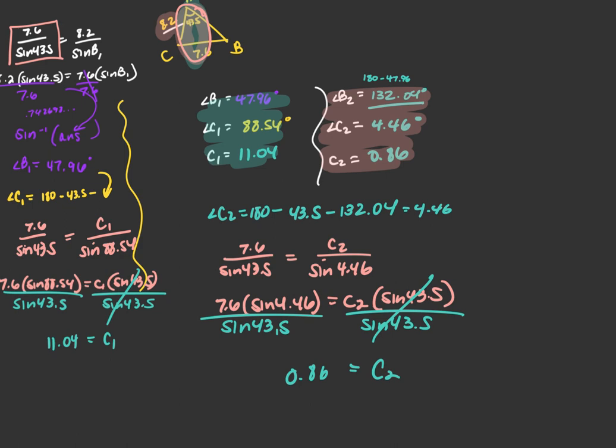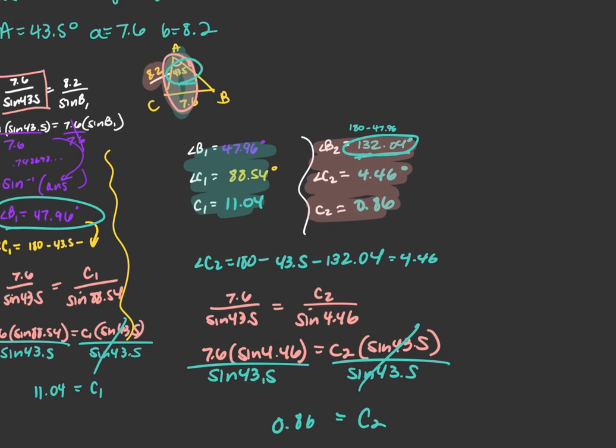You can only do it for the first one you find. B1 is the first one I found. If I found C1 first, then I would make C2 180 minus C1. So it's whatever the first one is you find. And for angle C2, where did you get 132.04? That's B2. I took away A, which was given, and then B2, which I found.